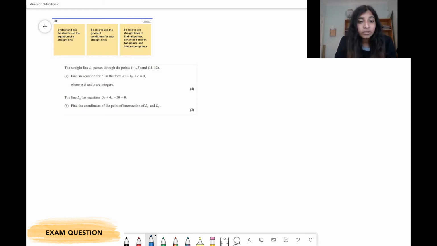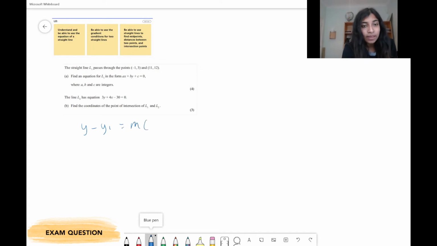So we can use the form we had, y minus y1 equals m times x minus x1. The first thing we want to do is try and find m. So m is just the change in y over the change in x.